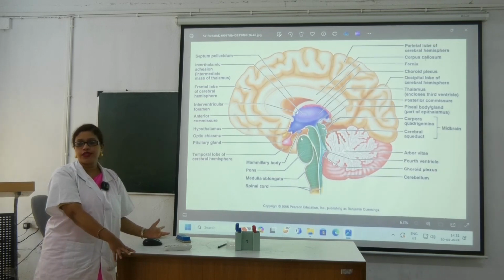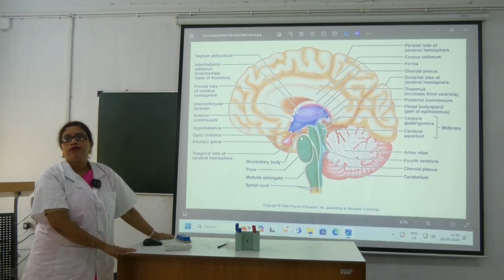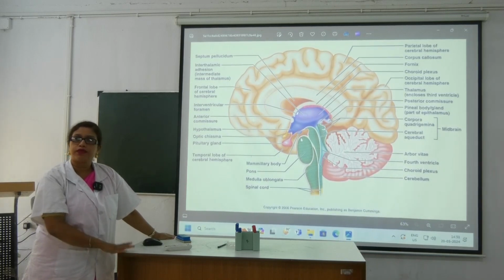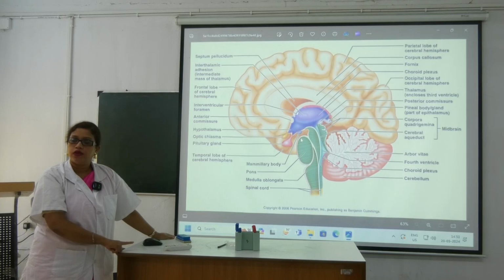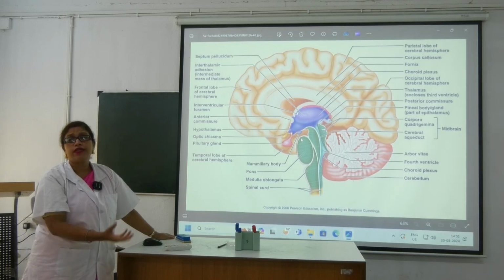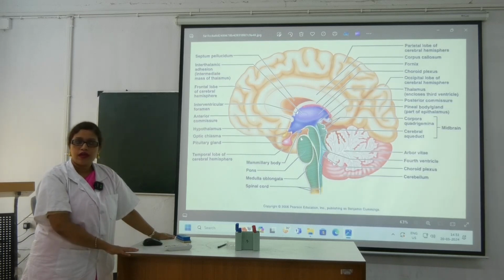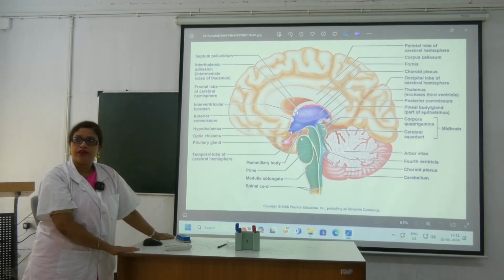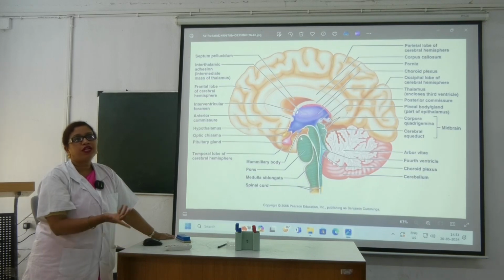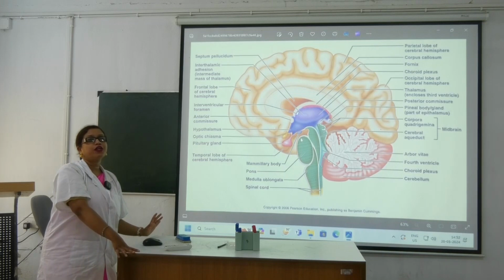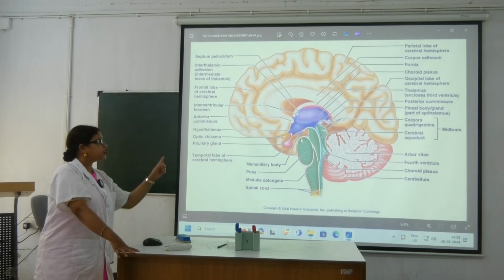Cogwheel rigidity, resting tremor, and the festinating gait. Okay, so all these features you will get in Parkinsonism. That is the disease of midbrain, of substantia nigra. What would be the treatment? You have to give dopamine externally. Okay, পুরো disease টাই due to dopamine. Okay, so তার মানে বুঝতেই পারছি substantia nigra কি কাজ? So it will release what? Dopamine. Okay. So this is the midbrain.